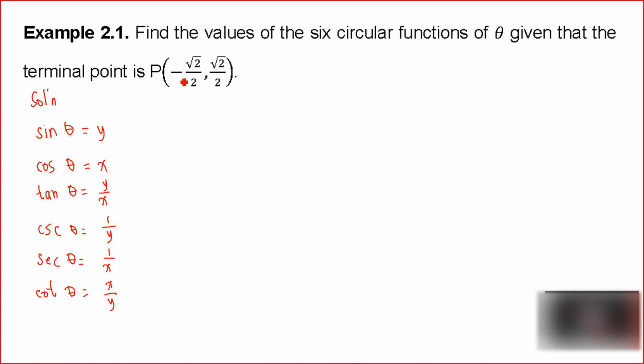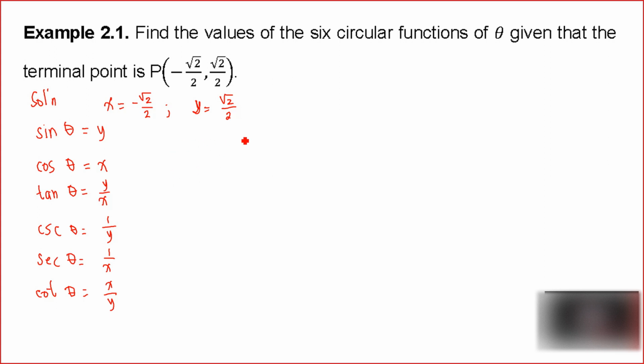And since we have the point negative square root of 2 over 2, square root of 2 over 2, we could say that our x is equal to negative square root of 2 over 2 and our y is equal to square root of 2 over 2. So we are just going to substitute these values into our trigonometric functions.